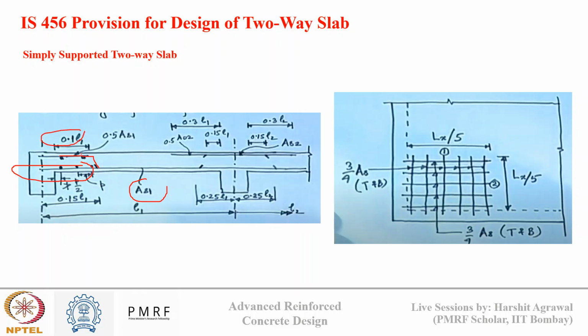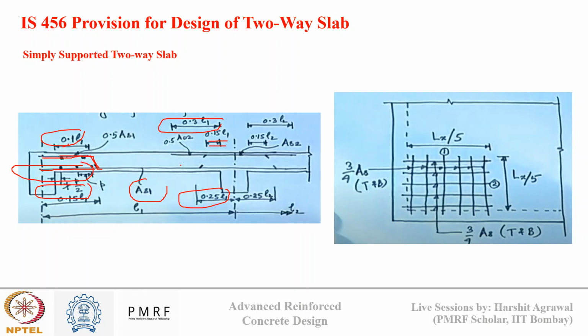For edge support this is 0.1 L, and for middle support this factor becomes 0.15 L. And to bend the bars from tension to compression side, we need to start it from 0.15 times L1 at the corner and 0.25 times L1 at the middle part. So this is what that clause means. 50% is extending on that same side, and the remaining 50% continues in the compression side, on the opposite side.